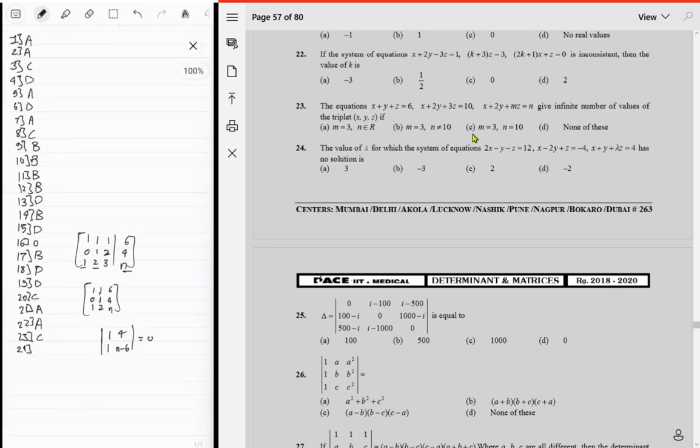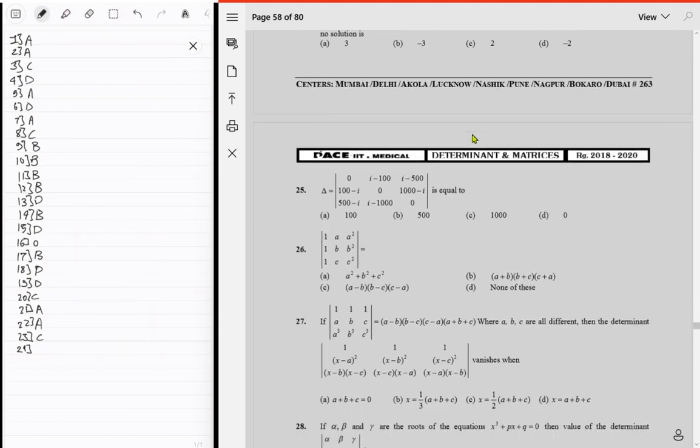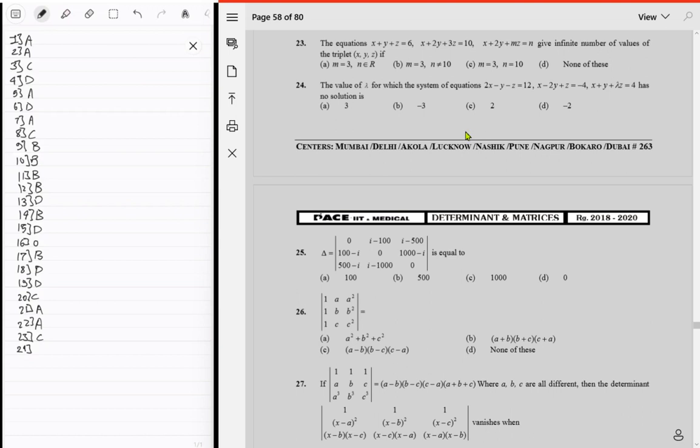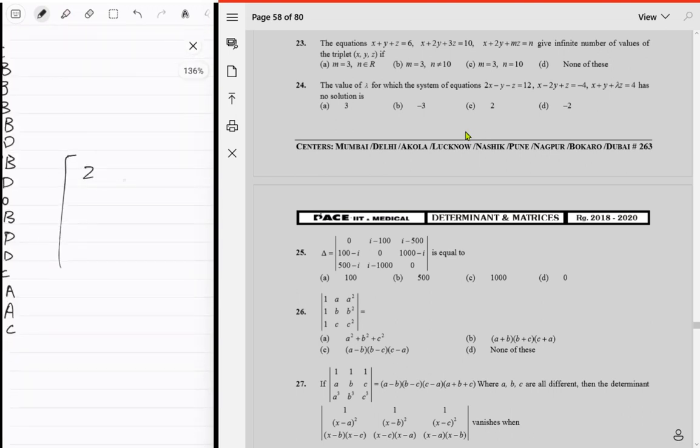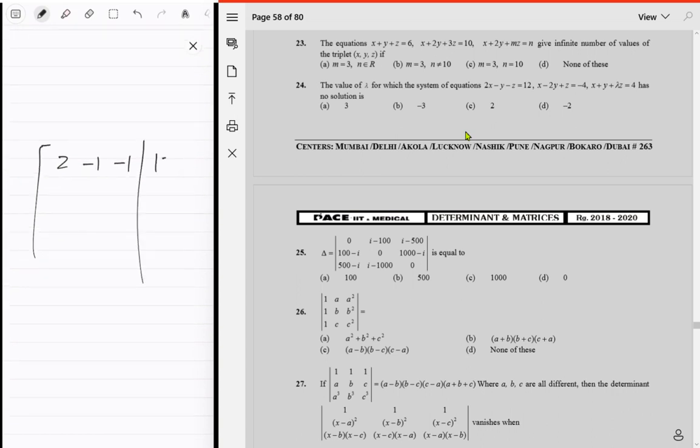24 is the value of lambda for which the system of equations has no solution. Okay, write down the matrix. It's got 2, -1, -1, then 12, then 1, -2, 1, -4, then 1 1 lambda, and 4.